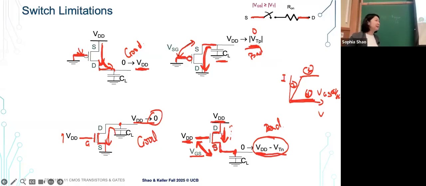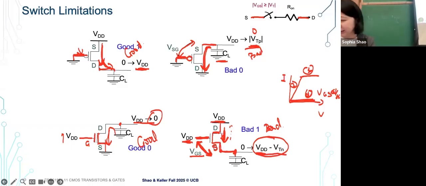So you always want good ones, right? When you want a 0, you want to have a clear 0. When you want a 1, you want to have a clear 1. You don't want it to be, oh, it's not 0, there's still a little bit of threshold voltage there. When you have a 1, you want a perfect 1 so that you can propagate things through.